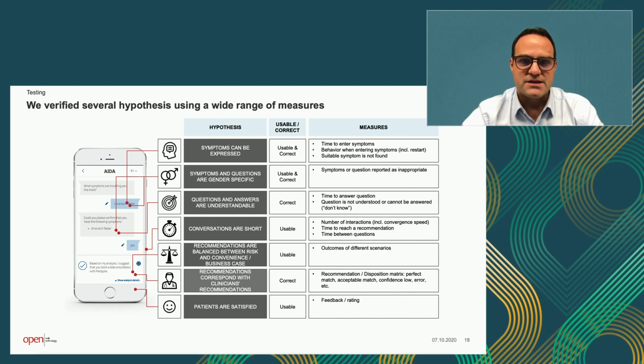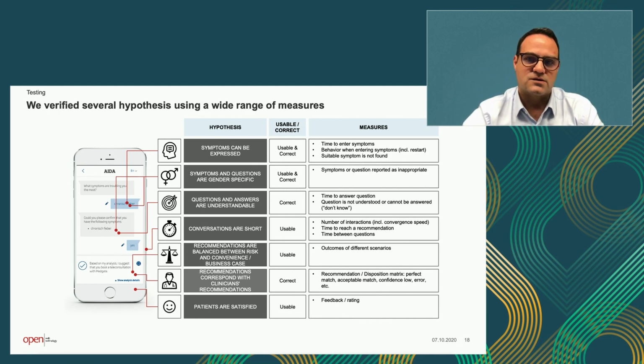Also, some symptoms in question are gender specific or age specific. And we have to be careful about this because, you know, some organs or some conditions cannot happen to men or women. You cannot ask a man if he's pregnant, or you cannot ask this question to a 6-year-old girl.